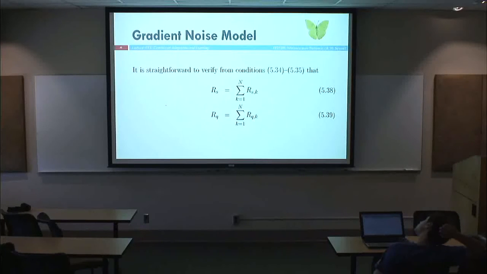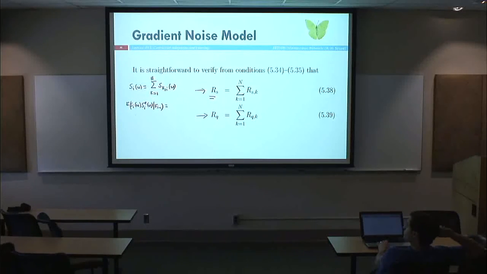Very good. So now, because of these conditions, it holds that Rs is the sum of the individual Rs's, and Rq is the sum of the individual Rq's. Let's see why quickly. What was Si? Si was the sum of the individual S's, right? So now, what is Rs? For Rs, I have to perform a calculation like this: Si star, conditioned on the past.